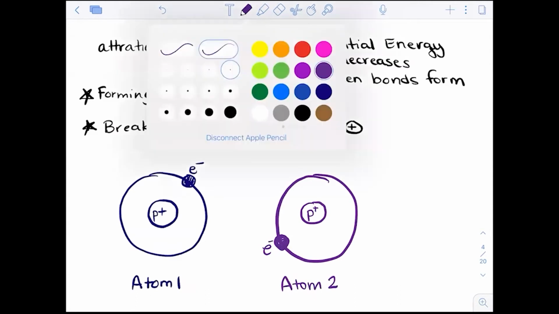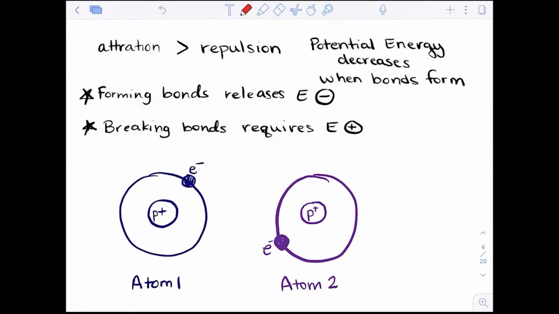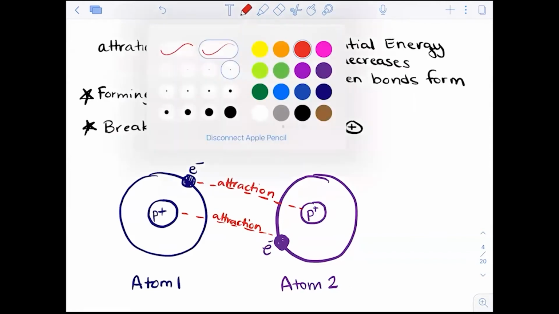Now, when these 2 atoms want to bond, one thing they have to keep in mind is that opposites attract. There's some attraction between one atom's protons in the nucleus and the other atom's electrons, and the same over here, attraction. These are the good things. These are what actually holds the atoms together.